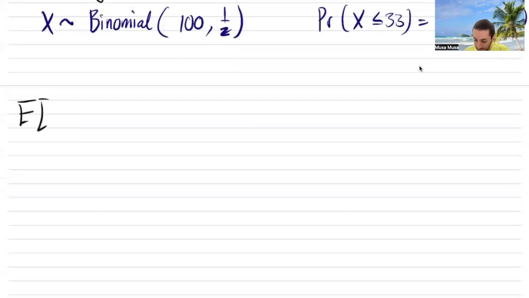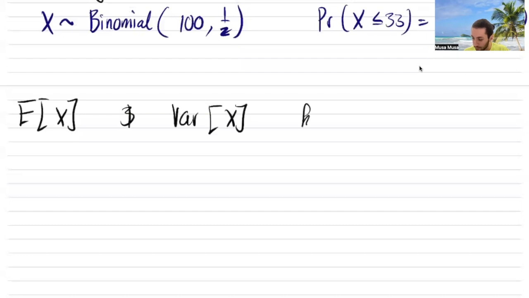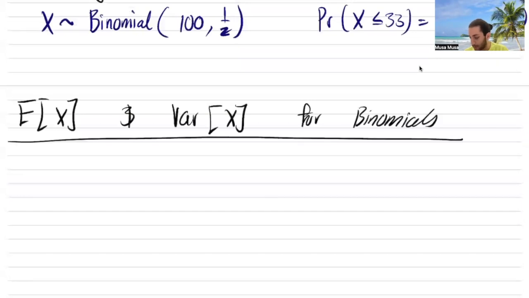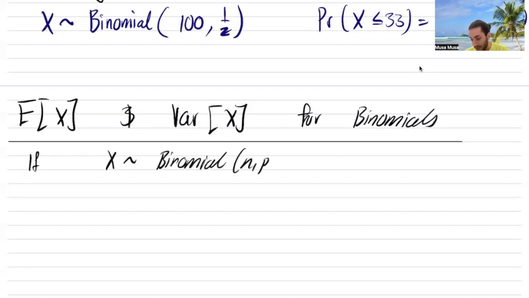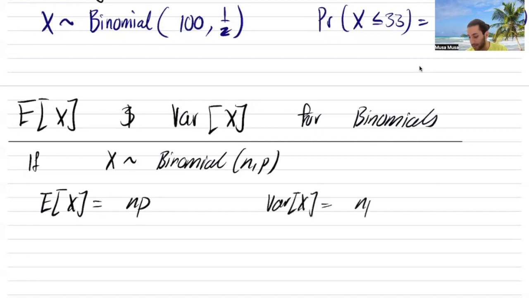So the expected value and variance for binomials. Okay, so if x is a binomial with parameters n and p, the expected value of x equals np, and the variance of x equals npq, but you'll probably have it written as np(1 minus p).